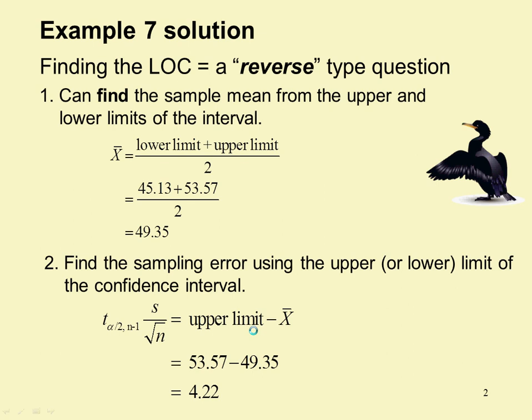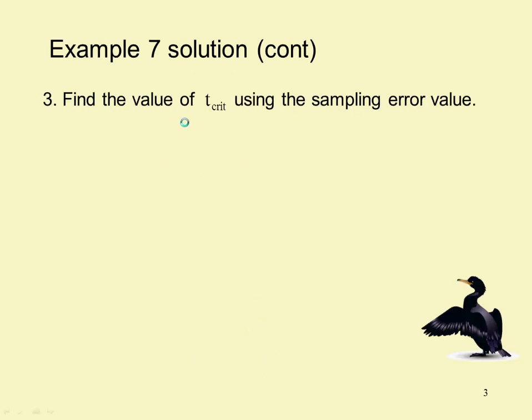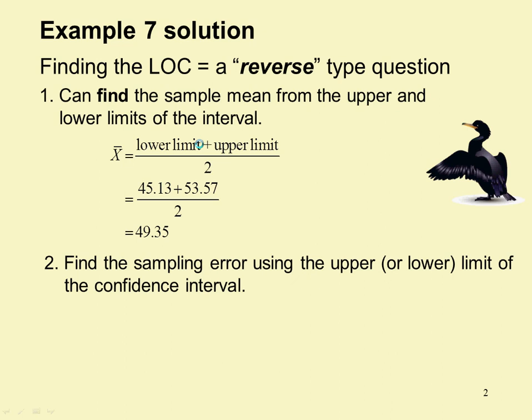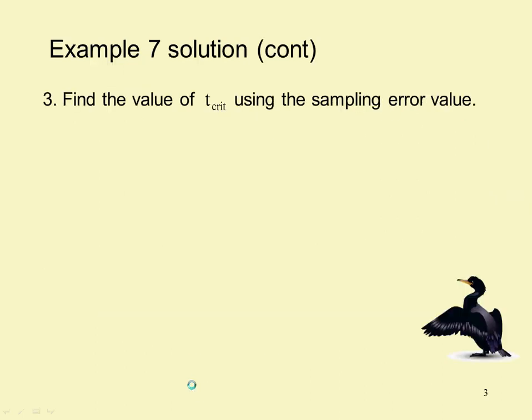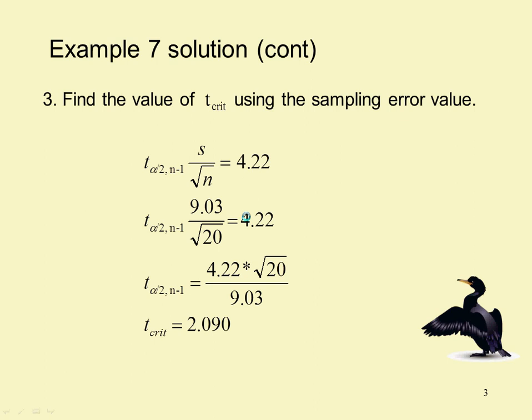Now that we've got this expression for the sampling error, we can calculate the critical value by substituting in all the values we now know. We know little s, we know n, that was given in the question, and we know the sampling error is 4.22. If you rearrange this equation and calculate it out, you'll get the critical value is 2.09.